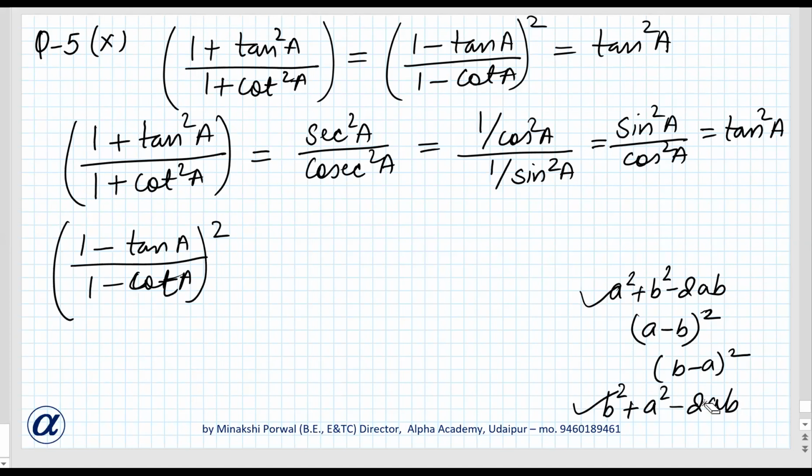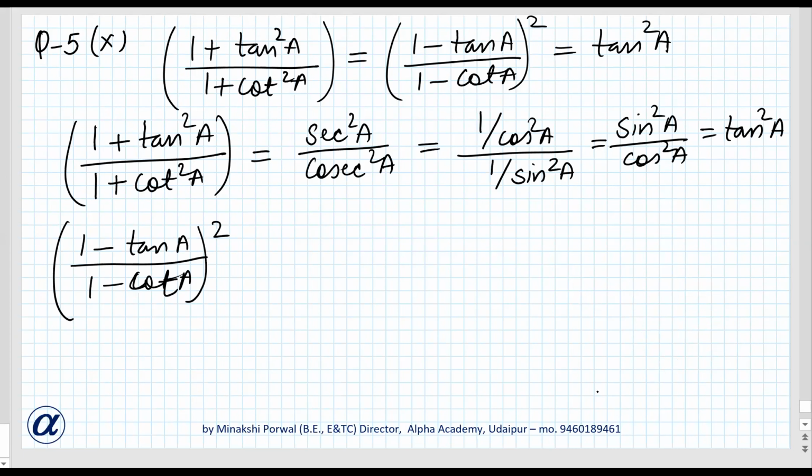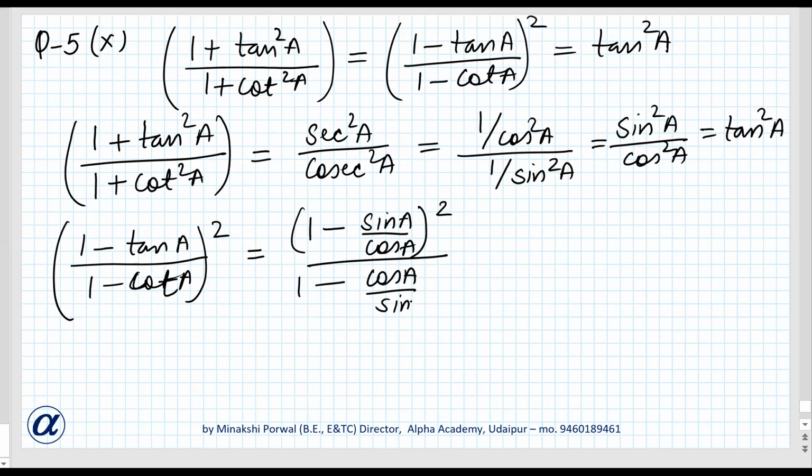Why I am talking about this now is we are going to get this situation when I am solving this. So 1 minus tan a is 1 minus sin a by cos a, the whole square, upon 1 minus cos a by sin a, the whole square.